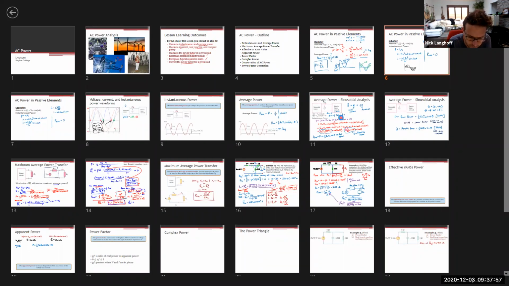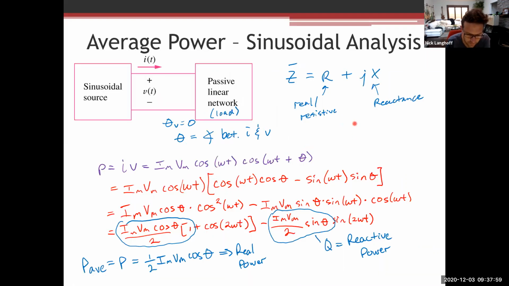So you'll recall that we looked at sinusoidal analysis of average power. We took some sinusoidal source and connected it to some passive linear network or a load, and looked at the voltage across that load and the current through that load.